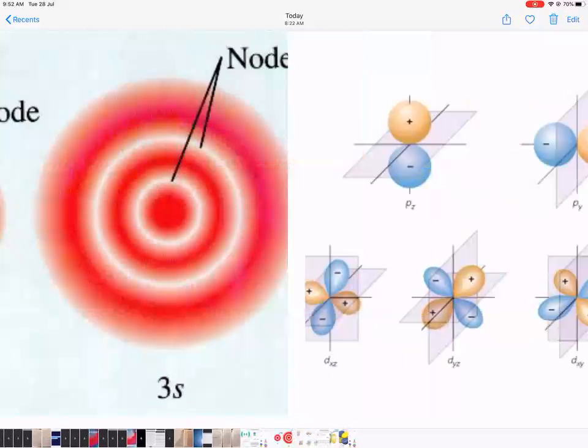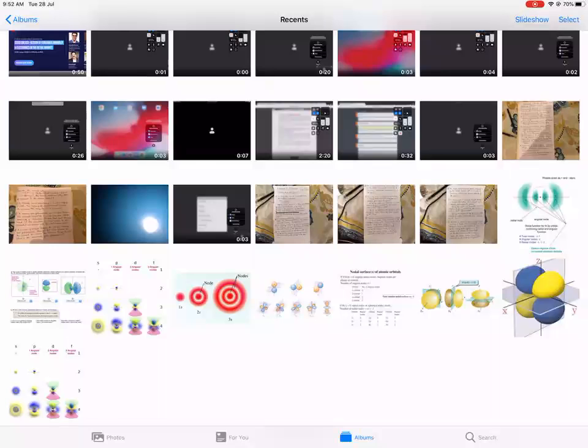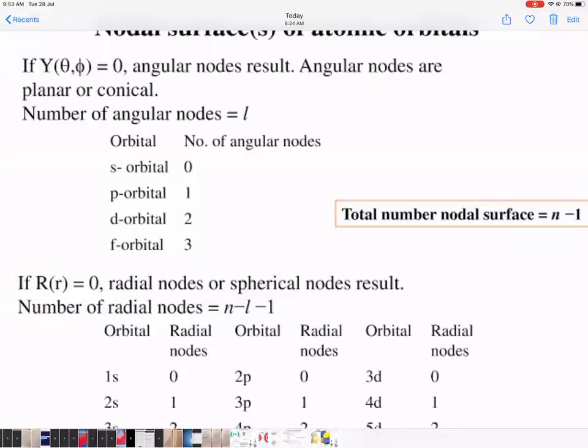So you can write down there are two kinds of nodes: angular nodes and radial nodes. Angular nodes come from the L value.